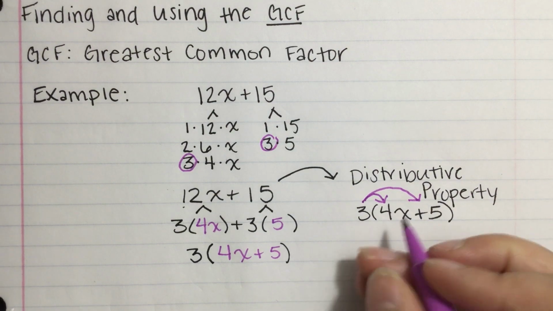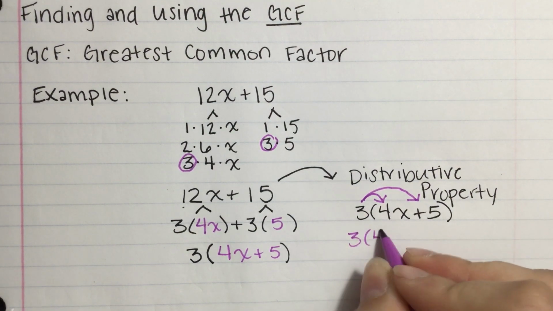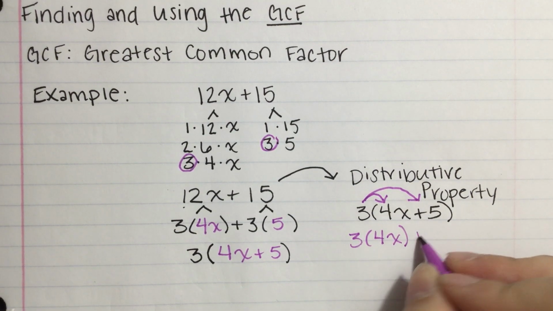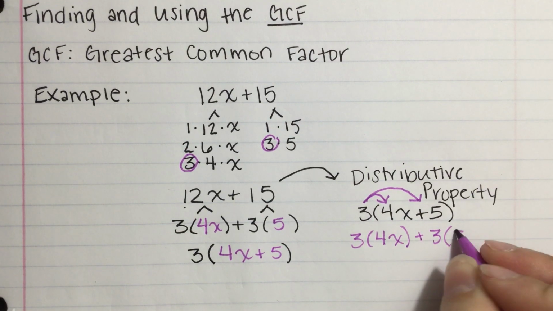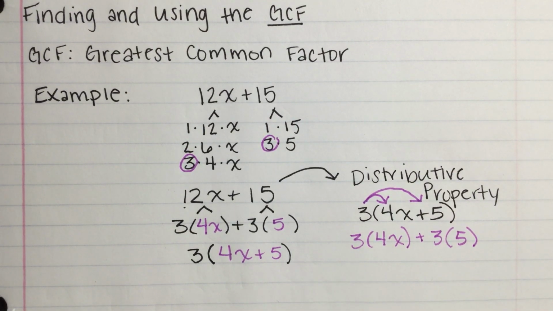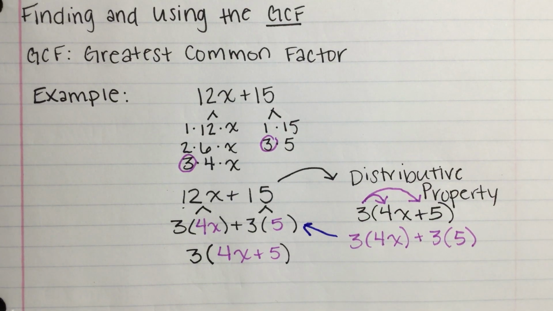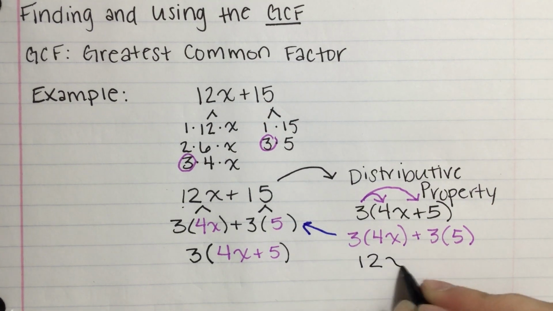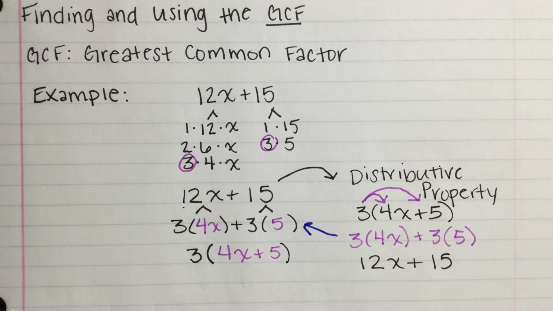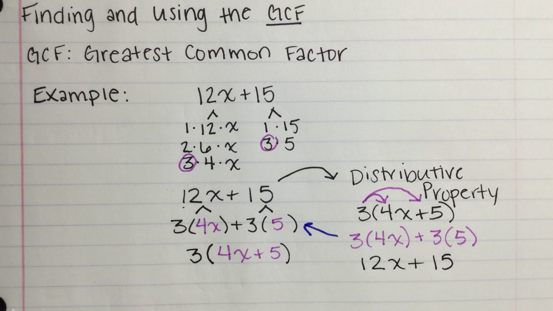If I were to do 3 times 4x plus 3 times 5, you should recognize that step. It looks just like this middle one. Then when I simplify it, I end up with 12x plus 15. So all we're really doing is going backwards in the distributive property. We don't usually see this step, but it helps us understand how we get down here to 3 times the quantity of 4x plus 5.